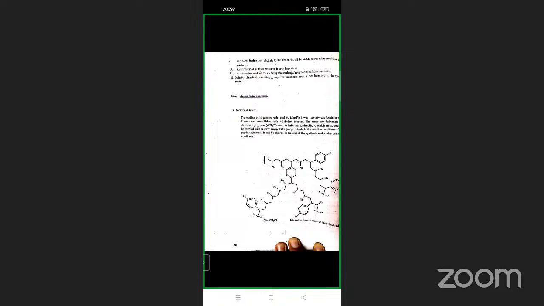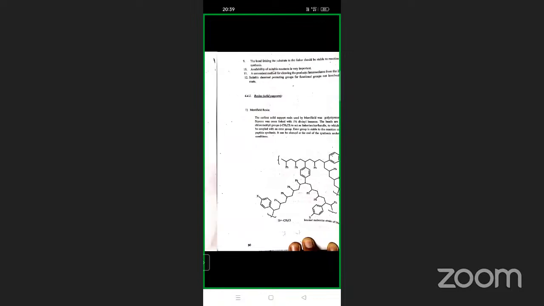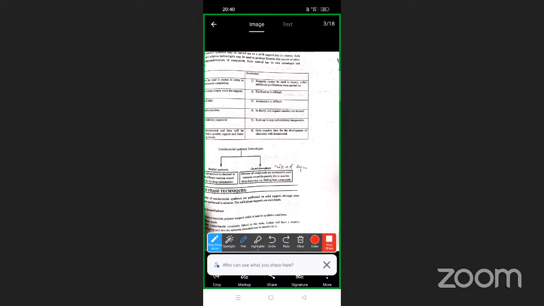The first very important requirement is a solid support, an insoluble polymer support. We call that a solid support, or a resin bead. So the first requirement to perform this combinatorial synthesis is a resin bead.